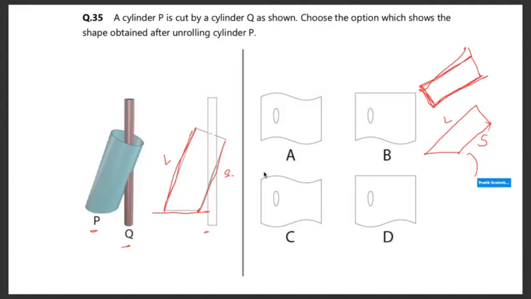So when you unfold this, this edge will be a straight line, but this edge which is longer will be here and this edge which is shorter will look like this, and the curvature of it will be actually like this.